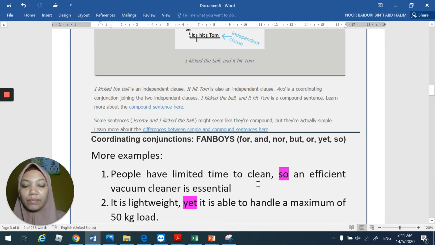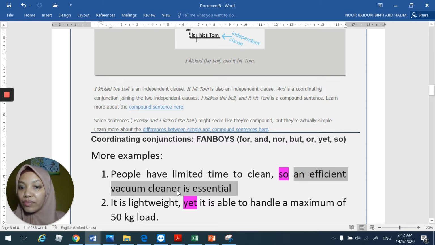But you combine it with another independent clause: an efficient vacuum cleaner is essential. This is the second independent clause, kan? This sentence alone is complete. But you want to show that you are able to come up with a compound sentence, kan? So you combine.